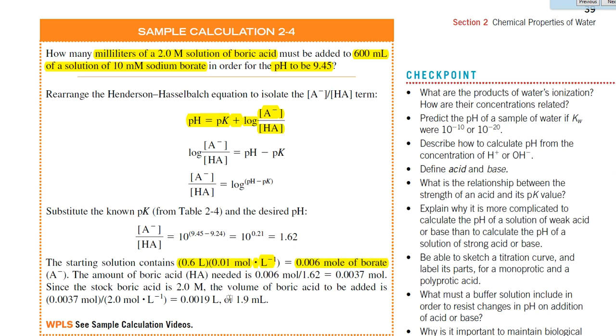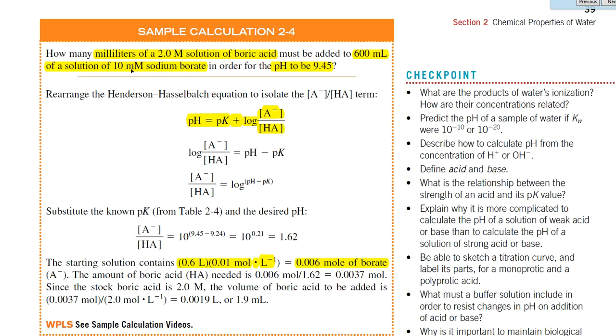So we are finding the concentration of the starting solution. The starting solution has 600 ml containing 10 millimolar sodium borate. So 10 millimolar into 600 ml is 0.006 mole of borate.